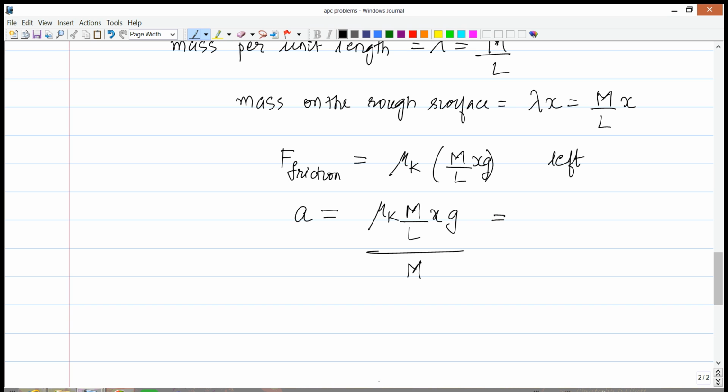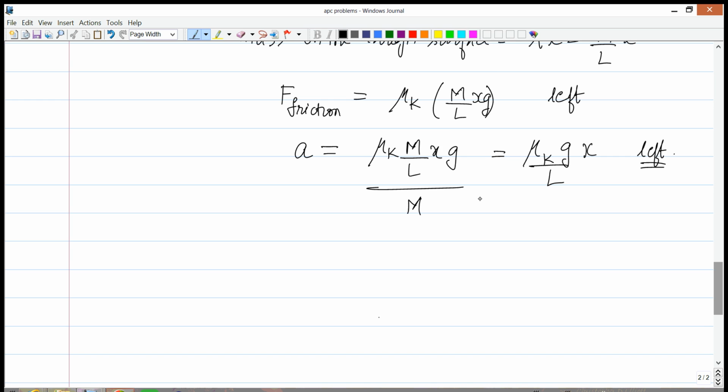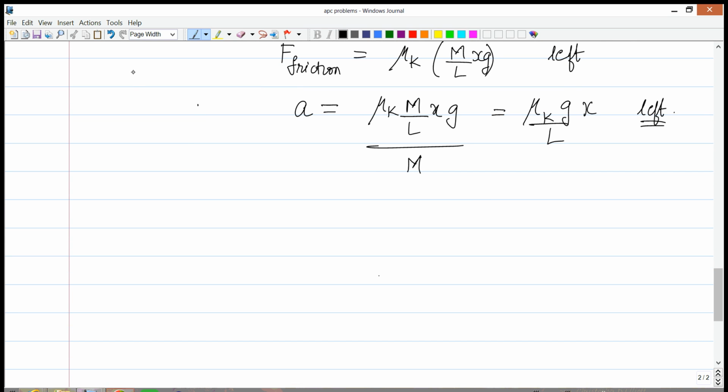So the acceleration is the net force divided by the mass, which is precisely what we have here, and this ends up being equal to mu k times g over L multiplied by x, and all this is pointing to the left. It is slowing it down, so it will have a negative sign in our equation. Alright, so this is part A of the problem.